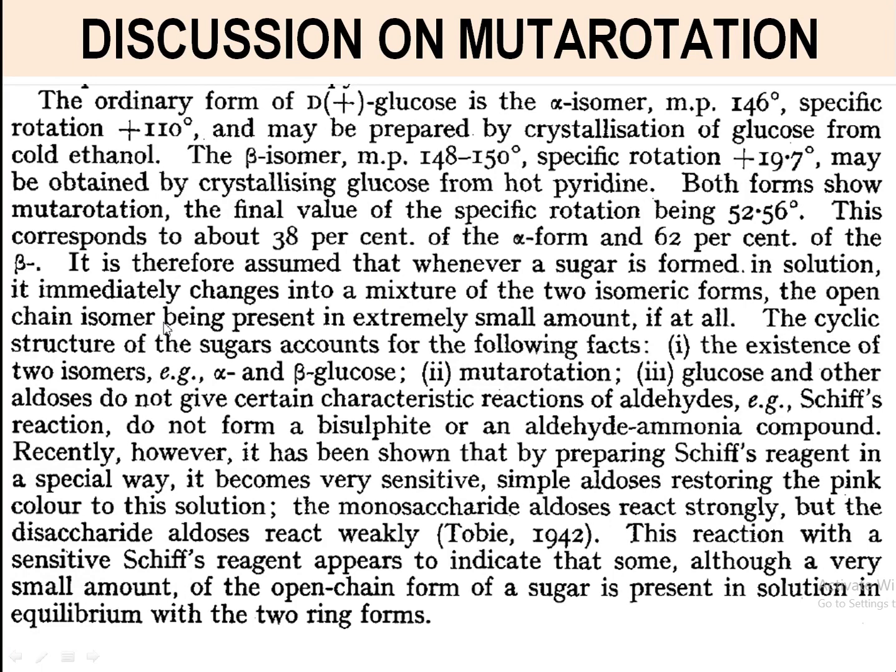The open chain isomer is present in extremely small amount, if at all. Now, the cyclic structure of the sugar consists of the alpha form and the beta form.